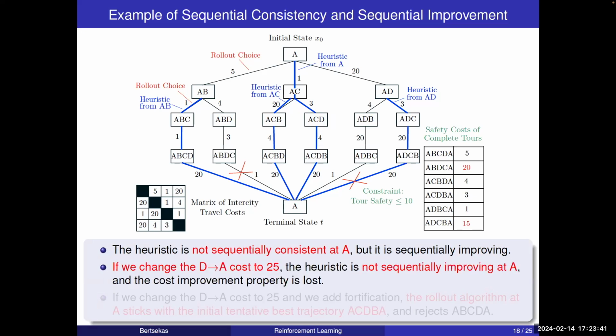However, if we change the cost from D to A to 25, this base heuristic is not sequentially improving anymore. That property is lost. So why? Let's suppose that's the case. This is 25, and we execute constrained rollout again. We have this base policy, which again costs 28.